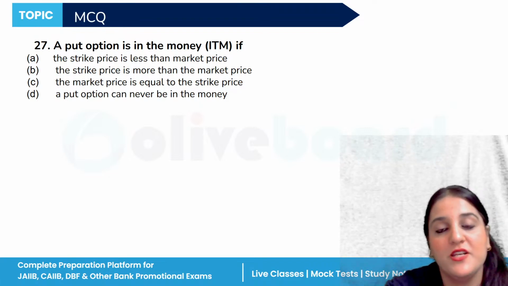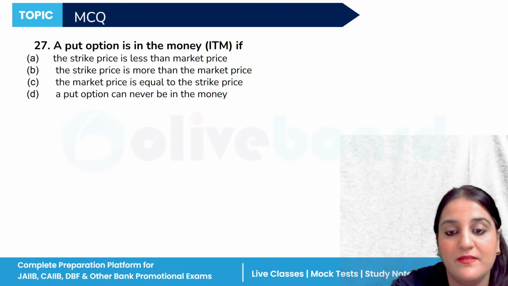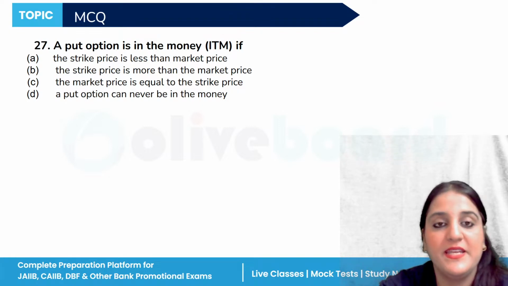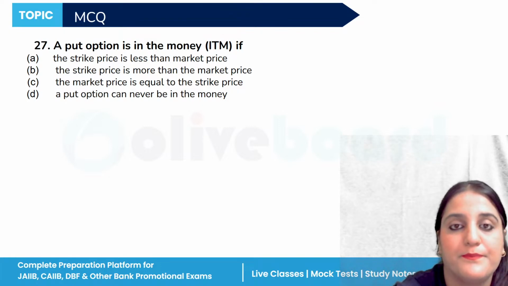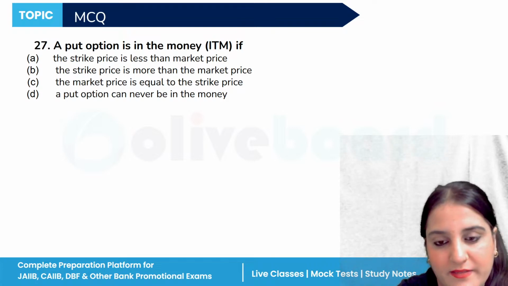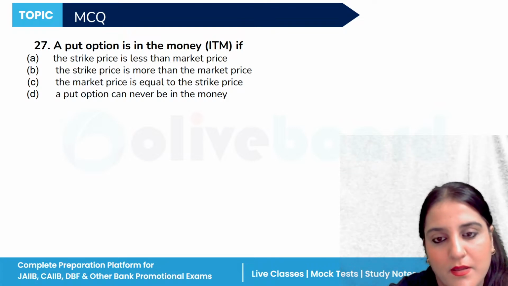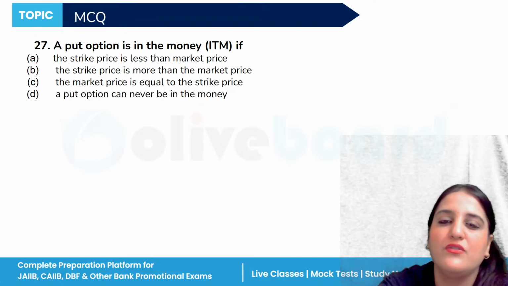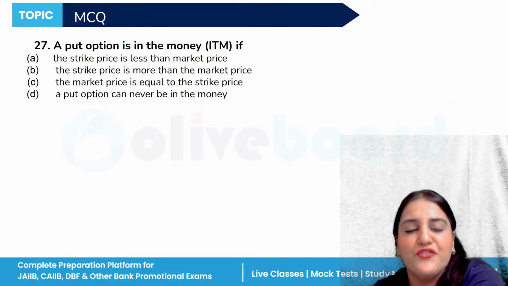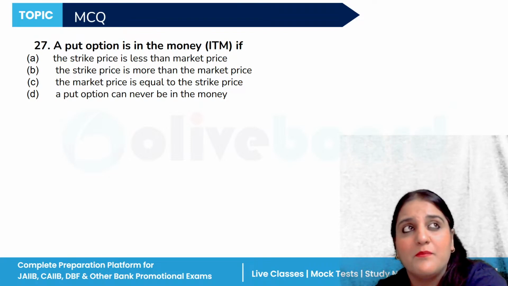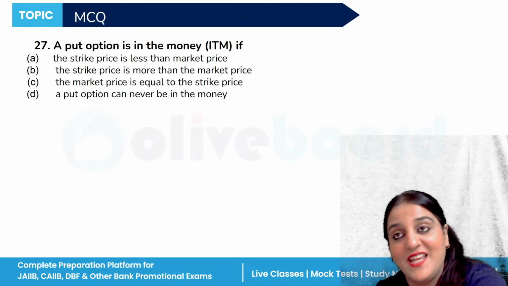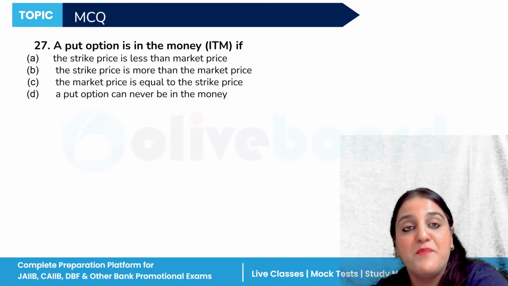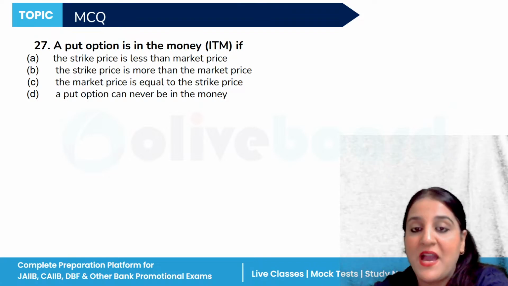Now, a put option in the money, ITM. What is ITM? ITM is in the money, and a put option gives the holder the right but not the obligation to sell an underlying asset at a specified strike price before or at expiration.